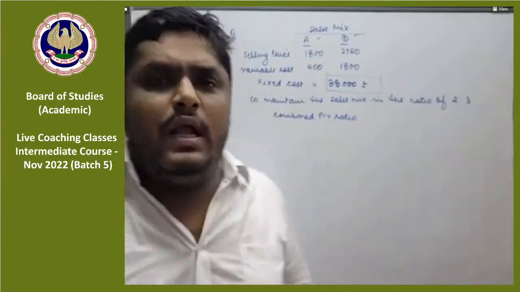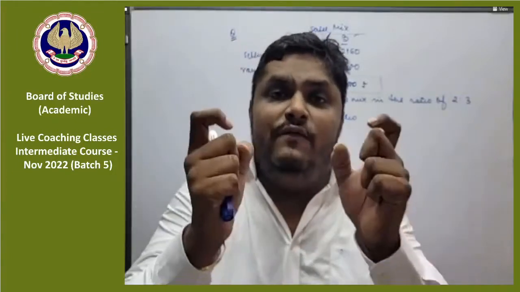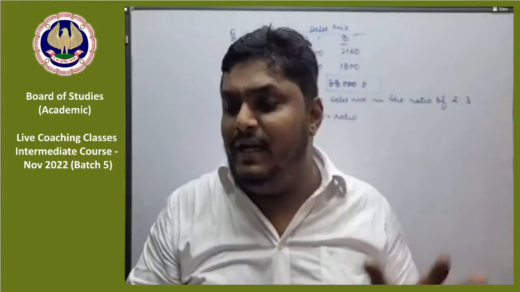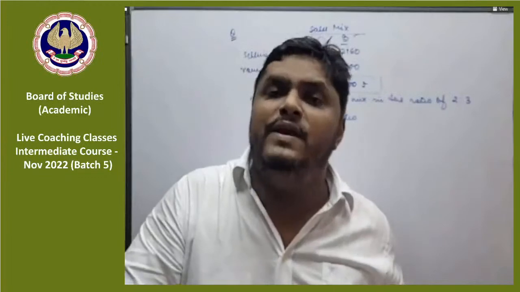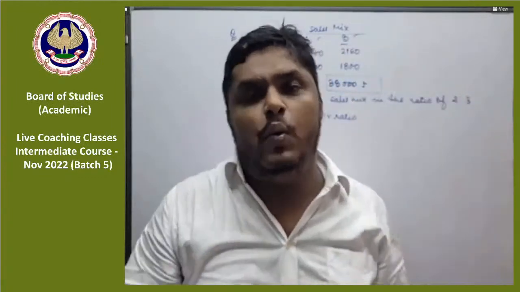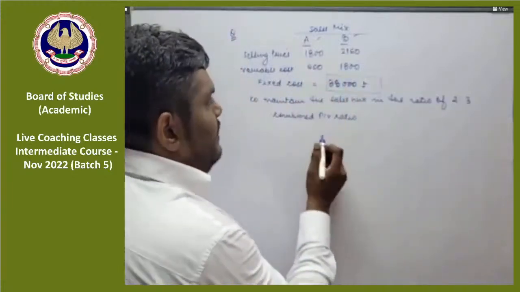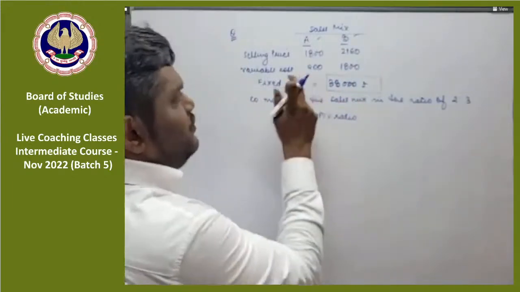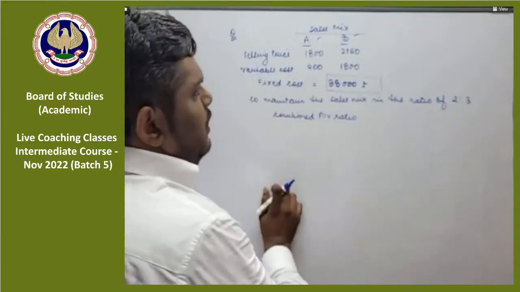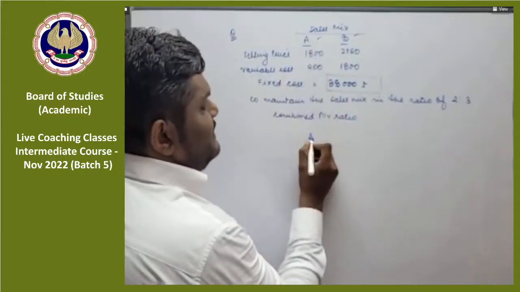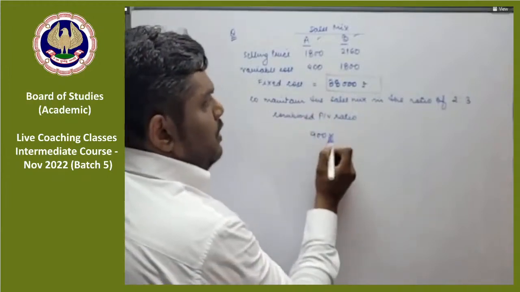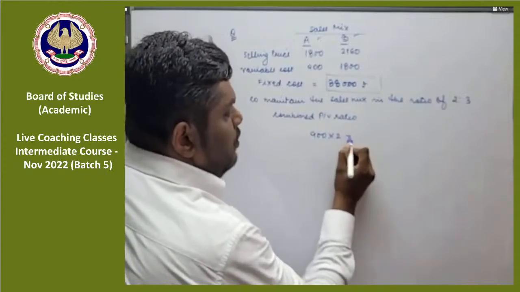When talking about the combined PV ratio, the weightage will be given to the price as well as the quantity. So herein, when talking about the PV ratio, the formula is contribution divided by sales into 100. So in our first case, that is product A, the contribution is 900 into the weightage is 2.